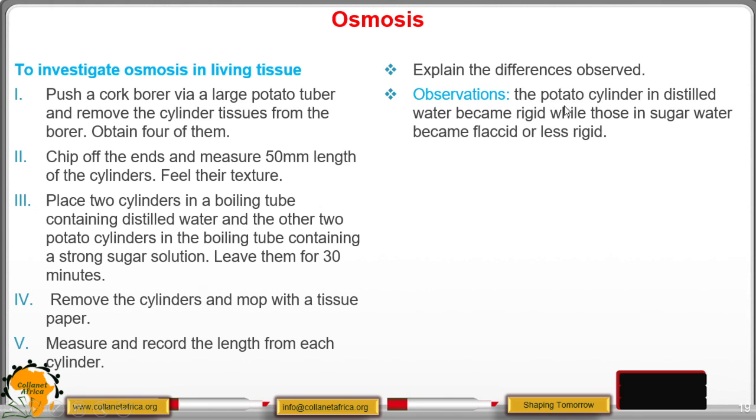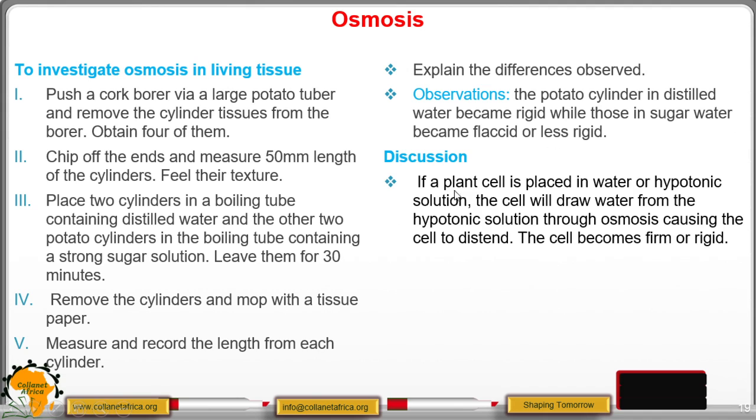You will see that the potato cylinder in distilled water became rigid, and those in sugar water became flaccid or less rigid. The reason is that if a plant cell is placed in distilled water or a hypotonic solution, the cell will draw water from the hypotonic solution.